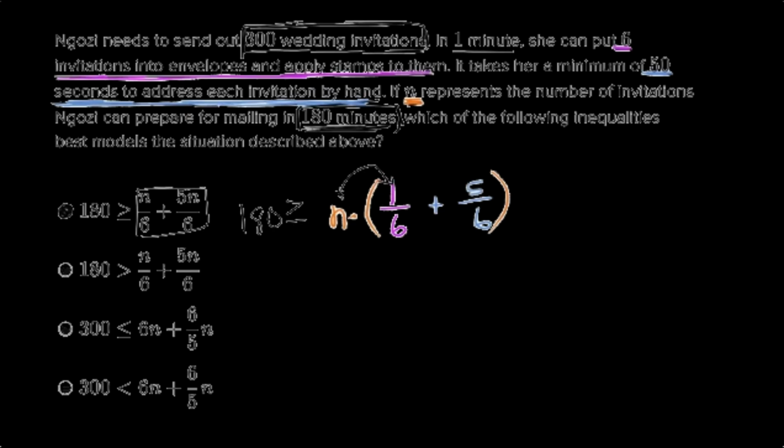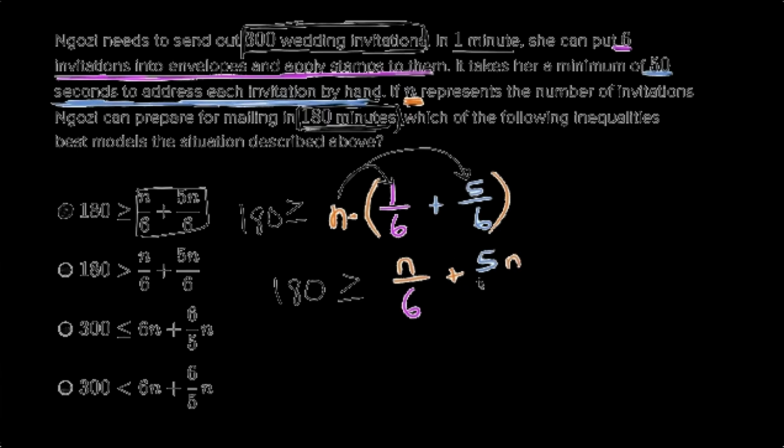And if you distribute the n, you're going to get 180 is greater than or equal to n over 6 plus 5 times n over 6, which is exactly what you have here. But it's really interesting because just looking at the choices, it actually jumped out pretty fast that this was probably going to be the one that we cared about.